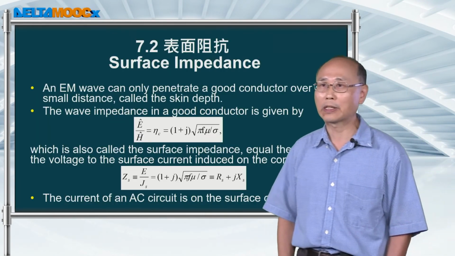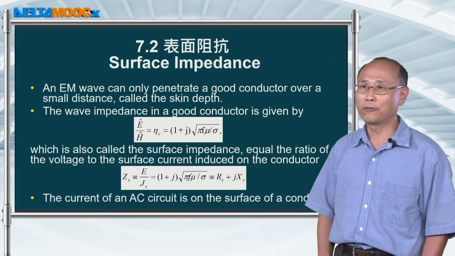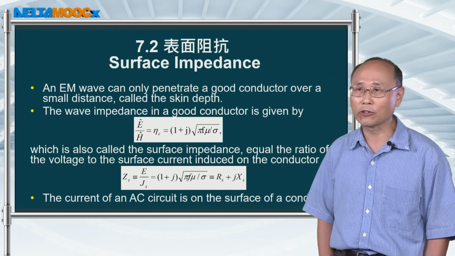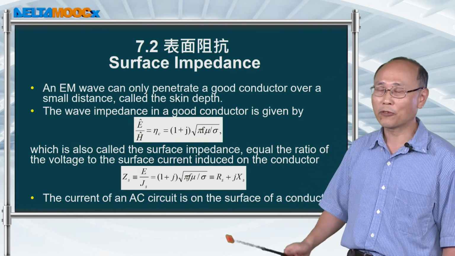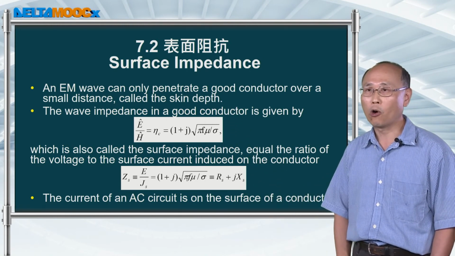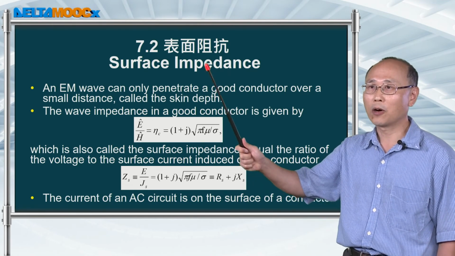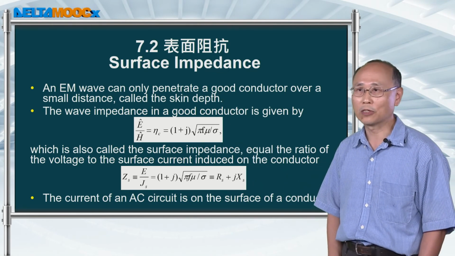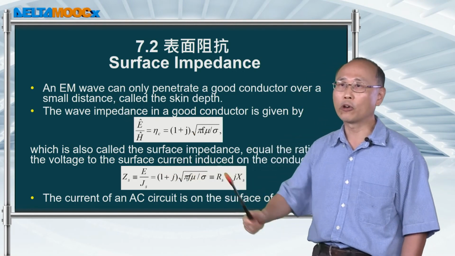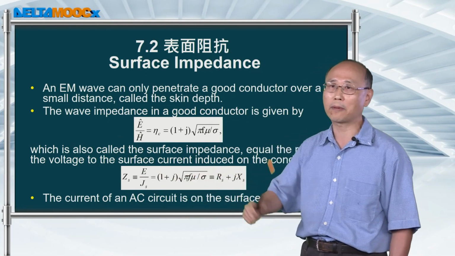So in this session, I introduced the surface impedance, because for a good conductor or even for an ideal conductor, the surface current and also the electric field and magnetic field are all on the surface of the conductor. So we need to know the surface impedance. And so an electromagnetic wave can only penetrate a good conductor over a small distance called the skin depth.